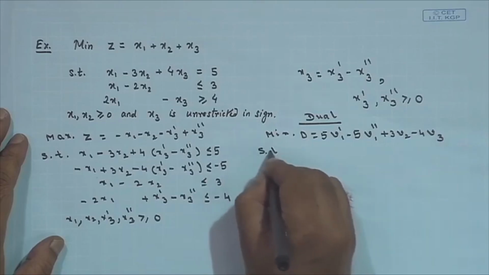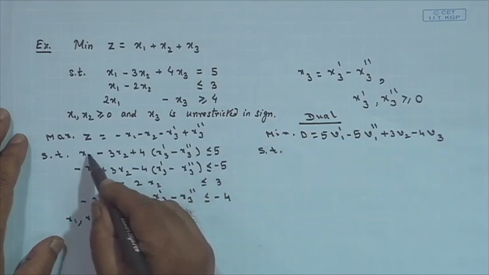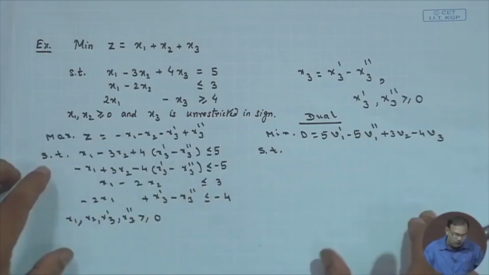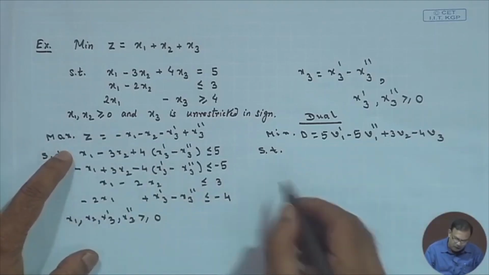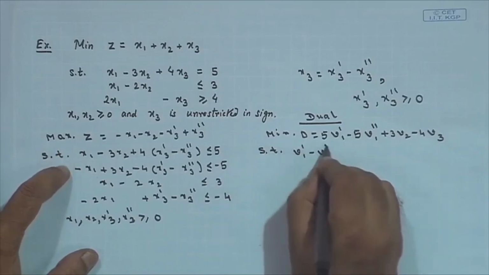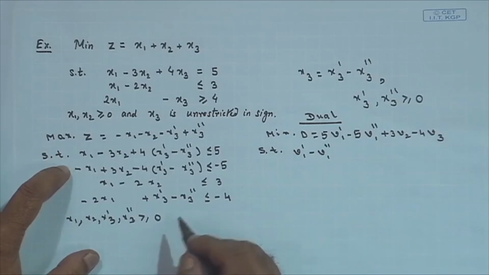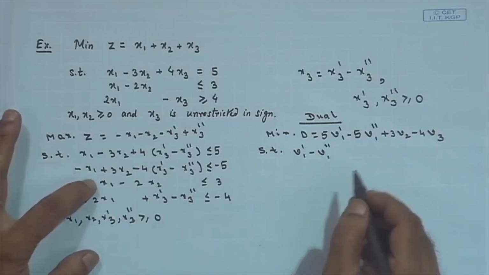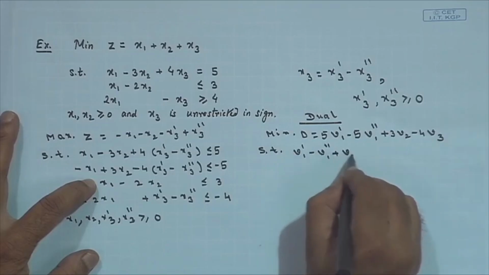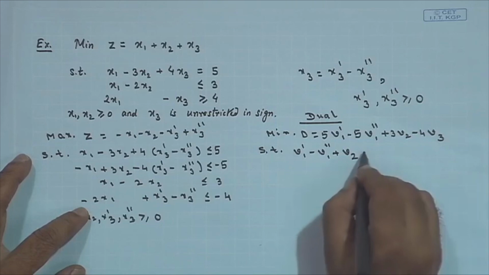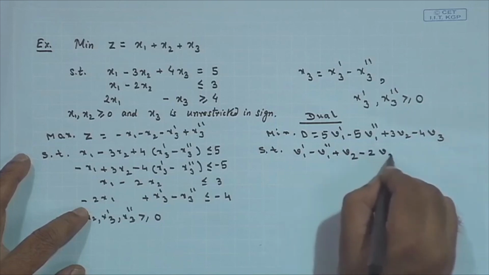Subject to, I have to take the coefficients corresponding to x1 first. So I will start with v1 dash minus v1 double dash, then v2 with coefficient 1, then for the last one, minus 2 v3.